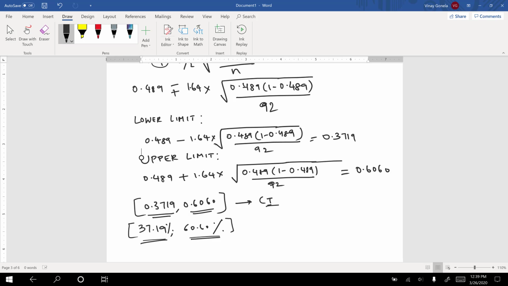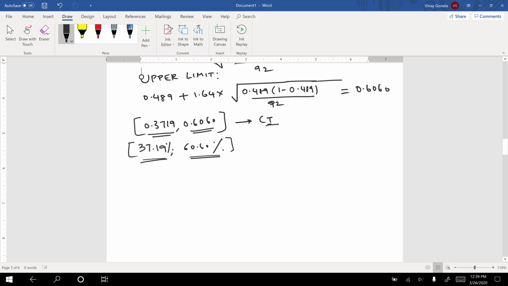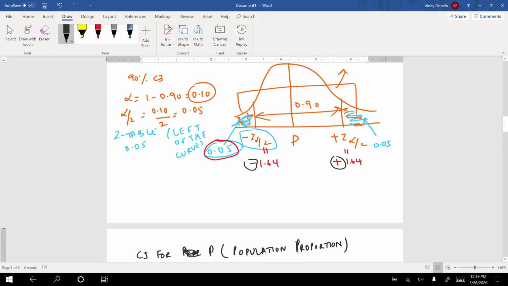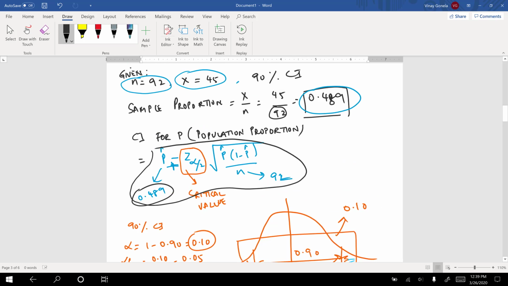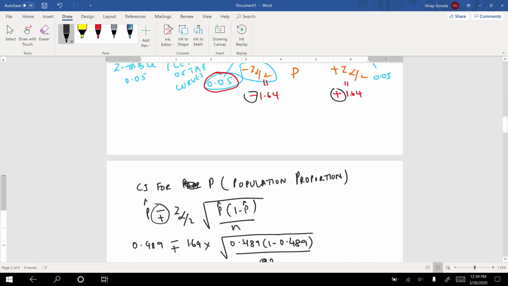We can try to solve this problem using our calculation aids. So let's look at the values which are given. I will note down those values. Our sample size n is 92 and x is 45, with a 90% confidence interval.